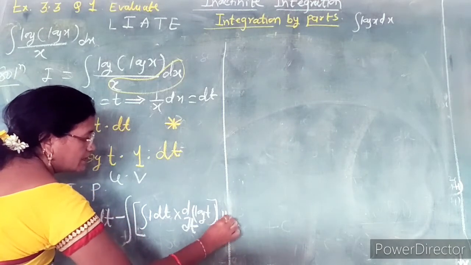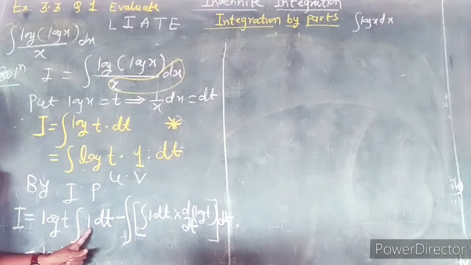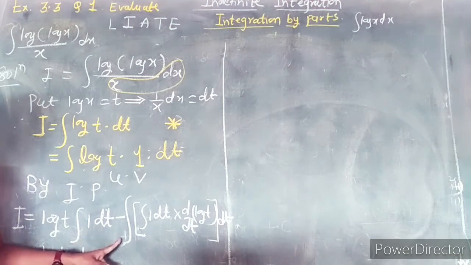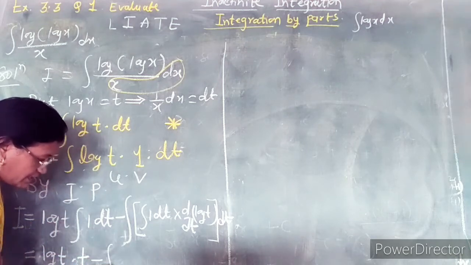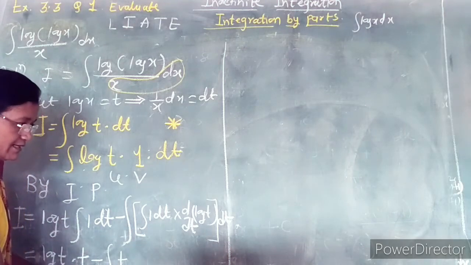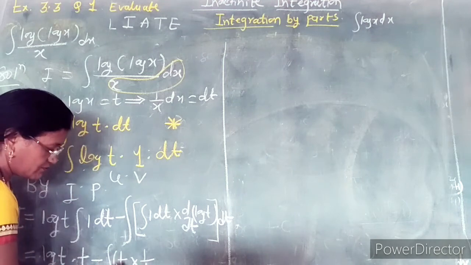So we get log t times the integral of 1 with respect to t, which becomes t, minus the integral of the derivative of log t, which is 1 upon t, times t with respect to t.